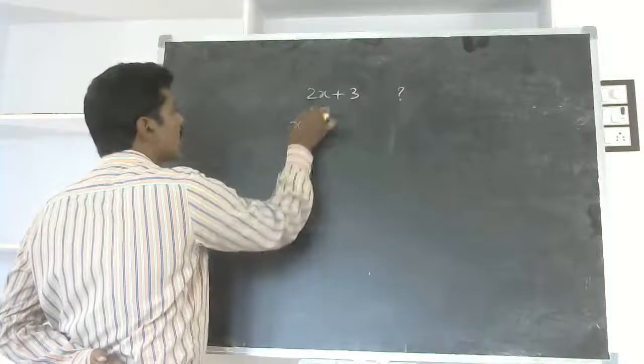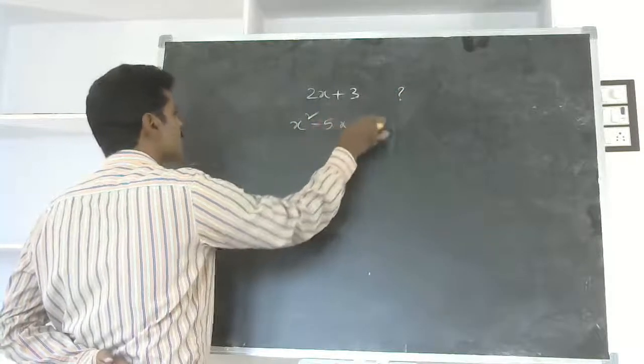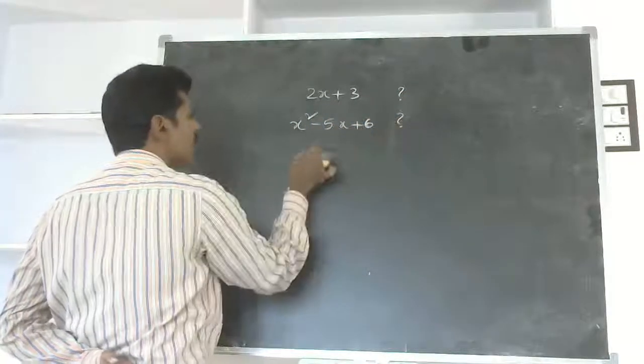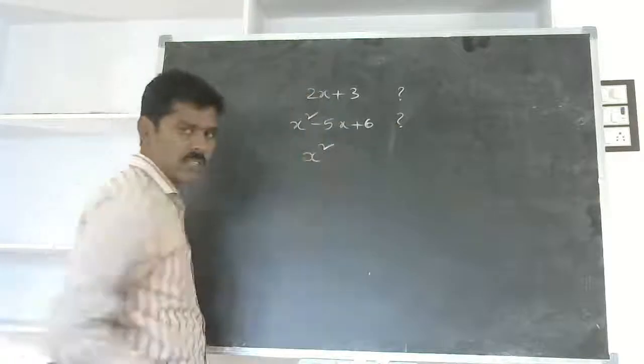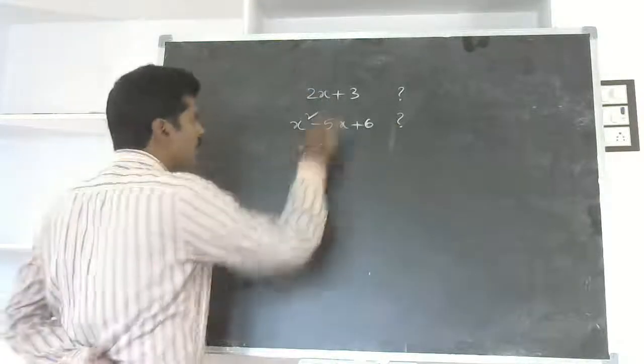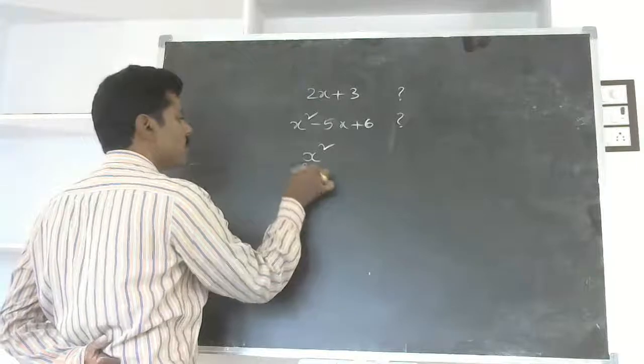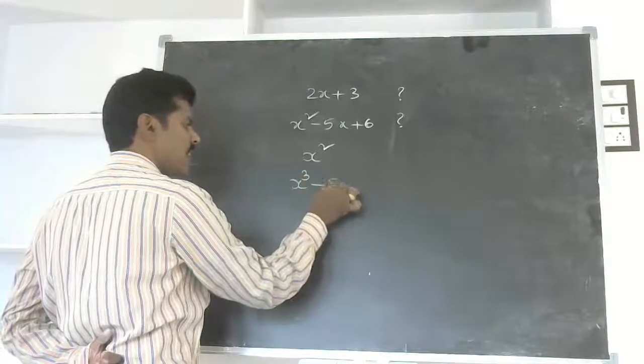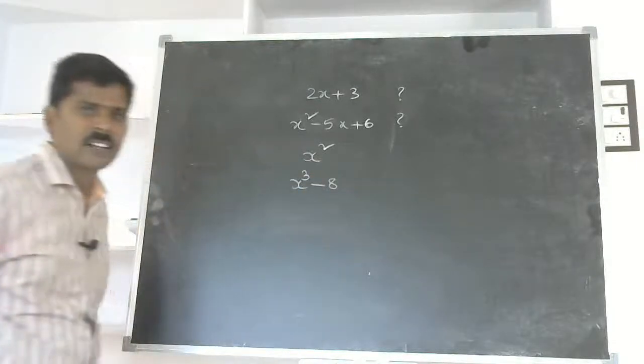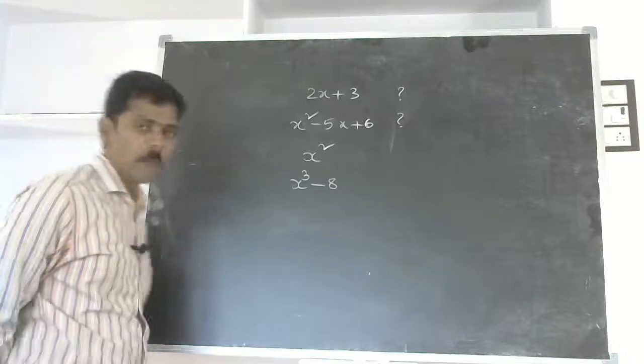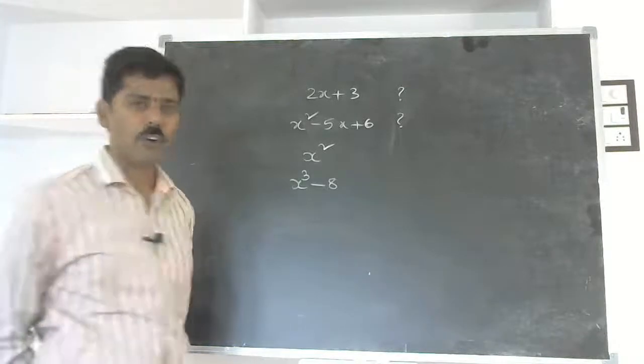If I go with x square minus 5x plus 6, how many zeros? And if I go with only x square, and if I go with some x cube minus 8 like this. So it depends upon the degree of the polynomial.